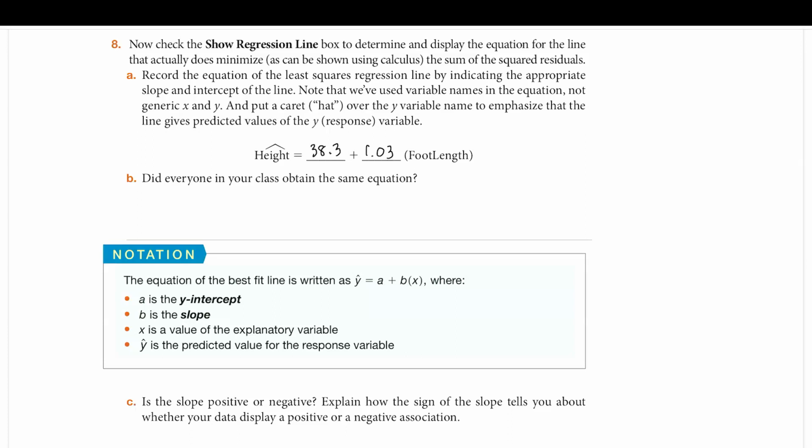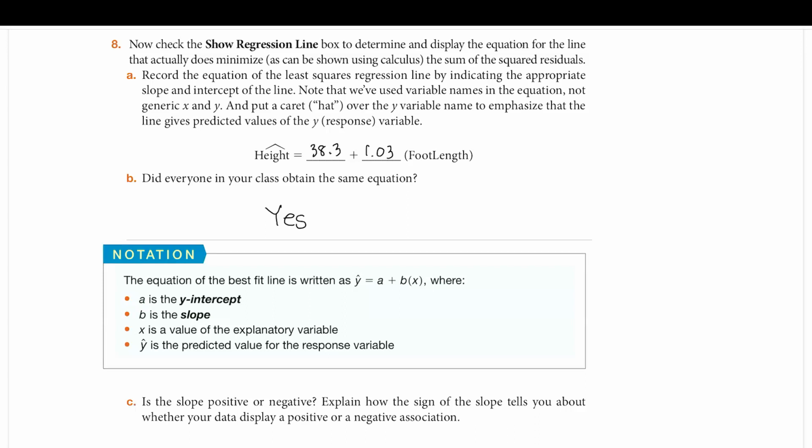And they mention here about putting the caret, the hat, over the y variable to indicate that we're getting a predicted height. Now the answer to part B here is yes. So there's only one line equation that will minimize, make as small as possible, those squared residual sums.